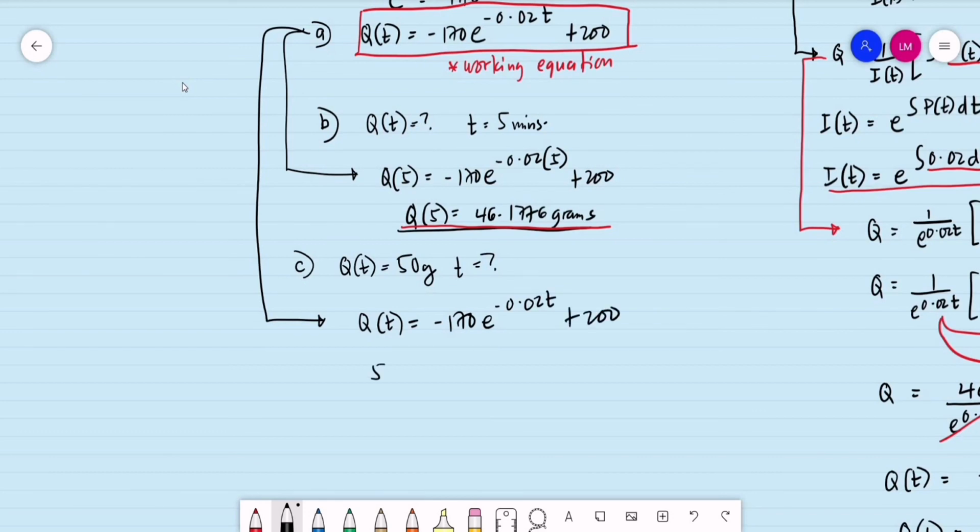So 50 is equal to negative 170 e raised to negative 0.02 of the time plus 200. What is 50 less 200? That is negative 150, equal to negative 170 e raised to negative 0.02 of t.